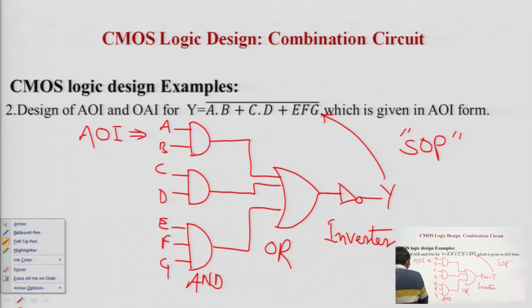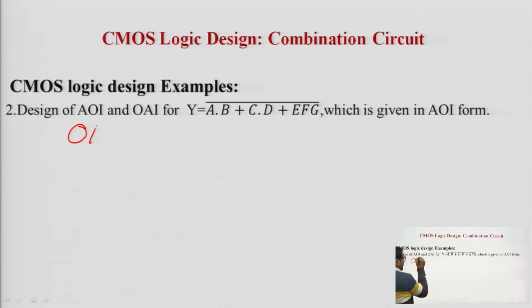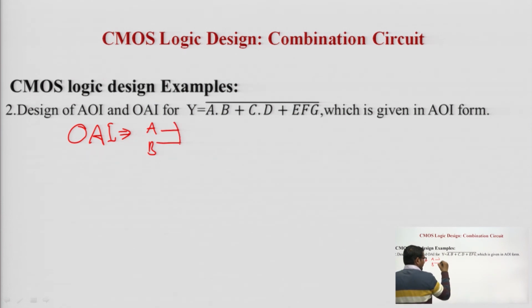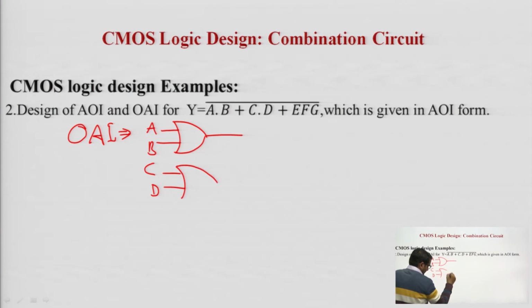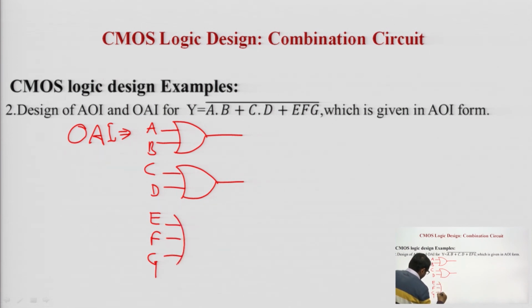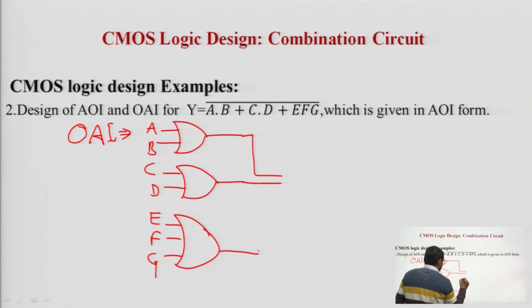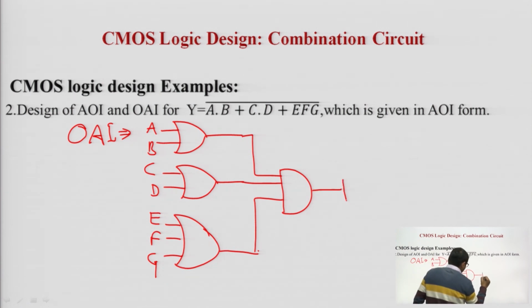Now next, what is OAI? In OAI, the first stage is the OR gate. For example, this is AB, first stage is OR gate, CD, E, F, G. The second stage is the AND gate, and the last one is the inverter.